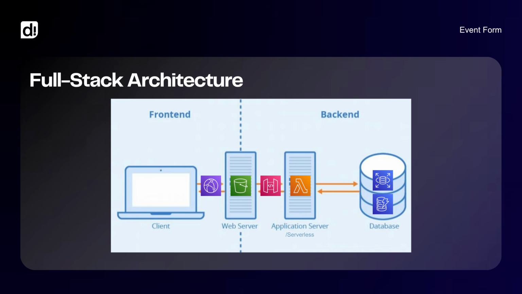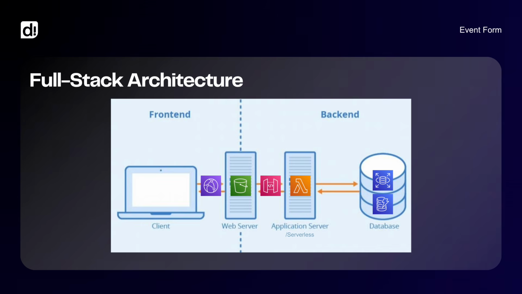Now let's put all those concepts together using this diagram. On the left, we have the client. That's the user visiting the website. The web server here represents our frontend, which will be hosted in Amazon S3 and delivered globally using CloudFront. When the user clicks something like opening an event or submitting an RSVP, it sends a request through API Gateway, which acts like the traffic controller.